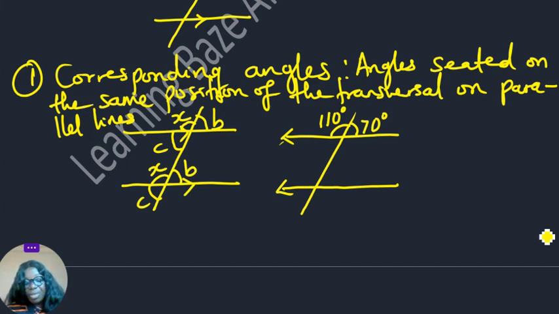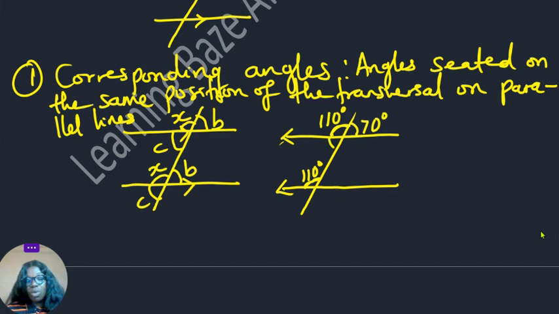So what are the corresponding angles? Now you can see 110 degrees. It means right here, this angle is also 110 degrees because they are the same position of the transversal. On the left side, on top of the parallel line, the first parallel line has 110 degrees on top of it on the left side. So the same thing goes for the second parallel line on top of it on the left side.